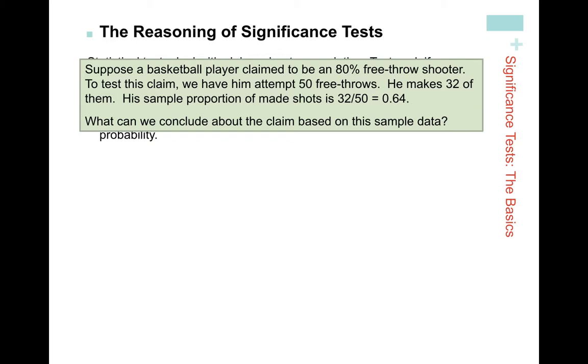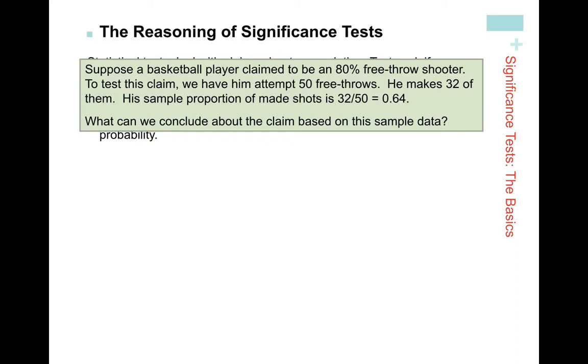Okay. And really, the question of interest for all significance tests is how likely is it for us to get a sample result that is this strange or stranger if the null hypothesis is true? Okay, so that's a conditional, right? That's an if-then.